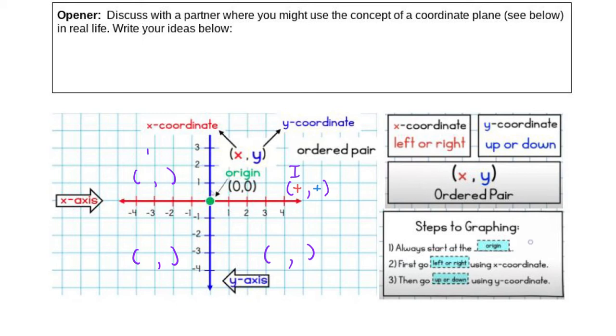So the second quadrant is here, and you can see right here that the x values are negative and the y values are positive. They're positive along here. Then we continue counterclockwise, that this quadrant right here is the third quadrant, and you can see that the x values here are negative and the y values are also negative.